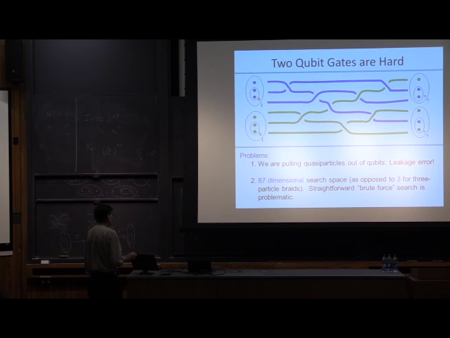Remember, one of the nice things about single qubit rotations is that as long as we were braiding within one of these ovals with well-defined topological charge 1, that topological charge wouldn't change. So we had none of these leakage errors out of the qubit space to this non-computational state. But as soon as you pull an anyon out of its qubit, then in general you're going to induce transitions which will change the charge of the qubit and lead to leakage errors out of the computational space.